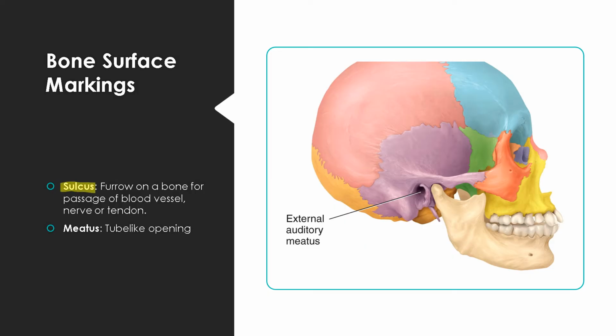A sulcus is a furrow along a bone surface that accommodates a blood vessel, nerve, or tendon. And then a meatus is a tube-like opening. Meatus means passageway, like we see here with the external auditory meatus.